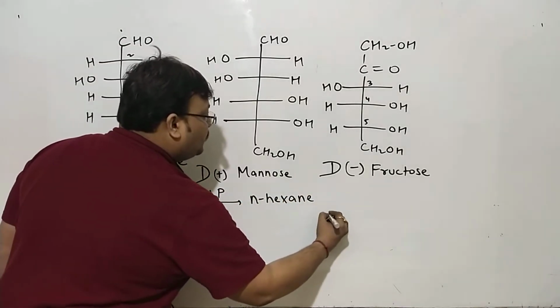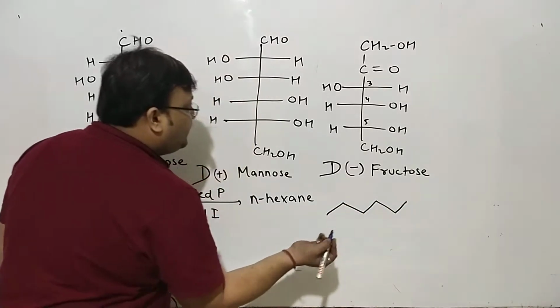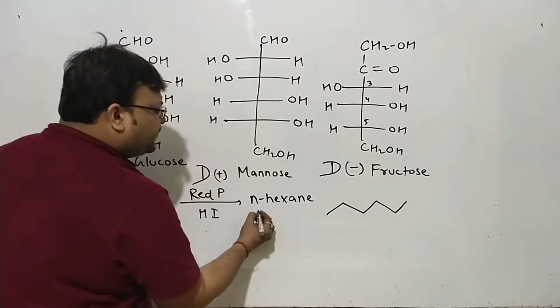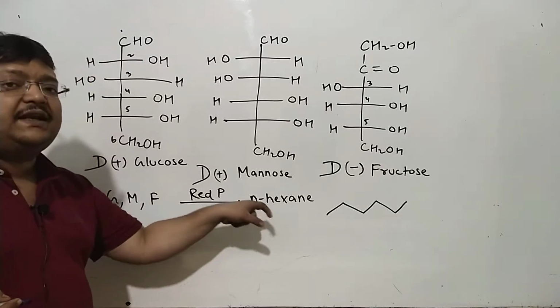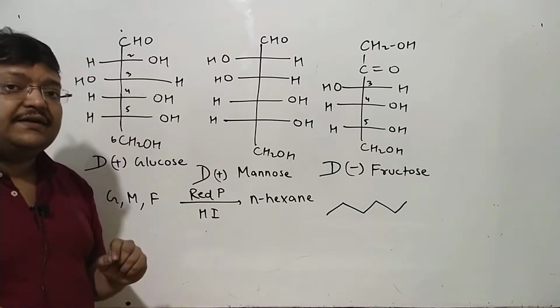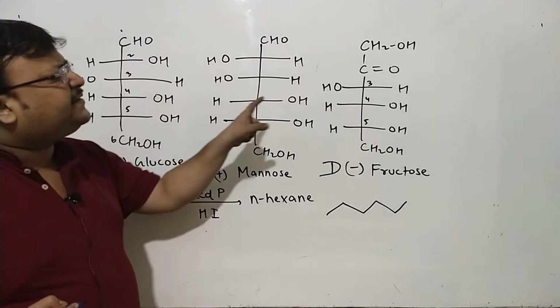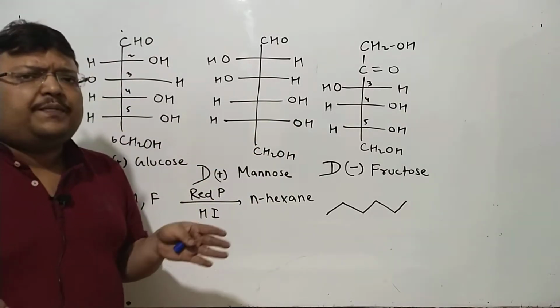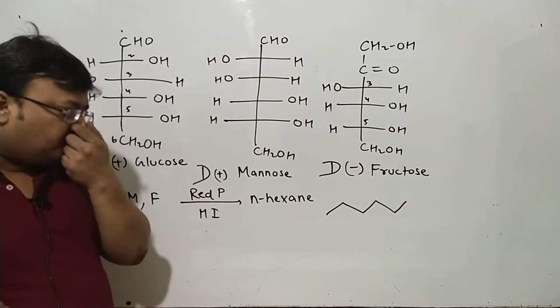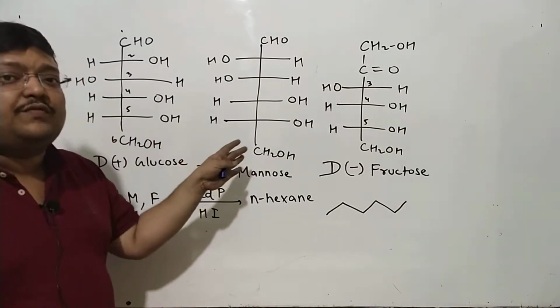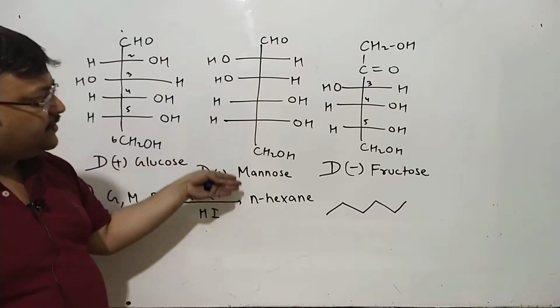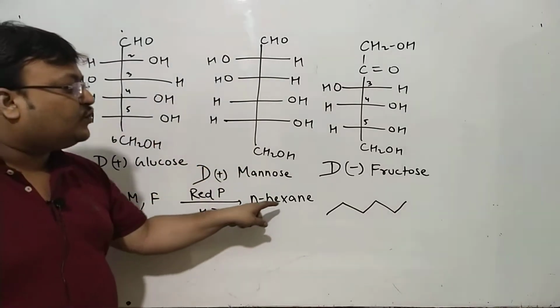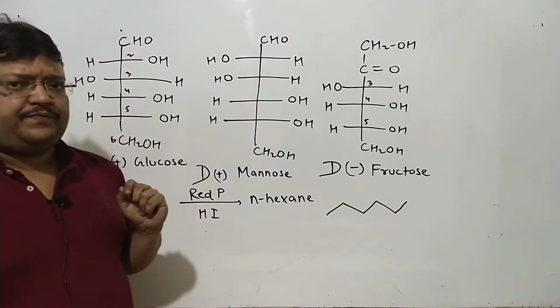Red phosphorus and HI cause complete reduction, 1, 2, 3, 4, 5, 6. They all give n-hexane, and if they all give n-hexane, this means they all are 6 carbon chains with no branching of any alkyl group. So all the 6 carbons in C6H12O6 form a normal chain.